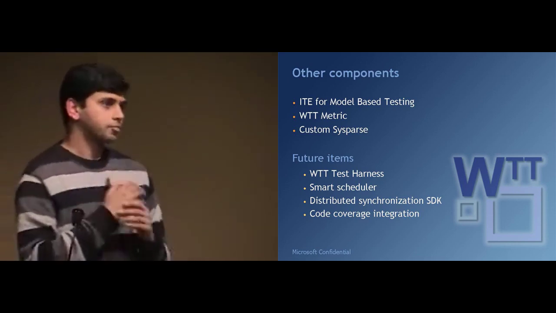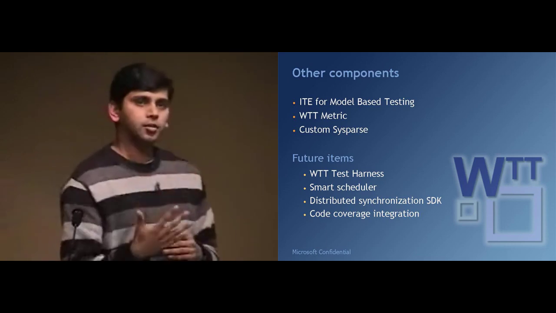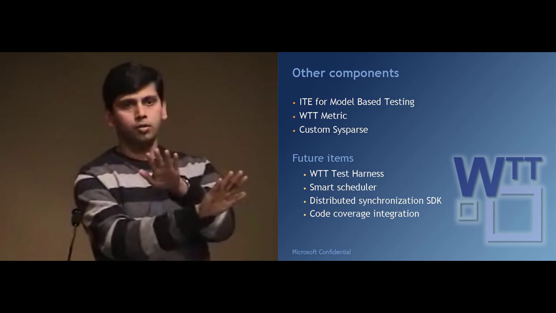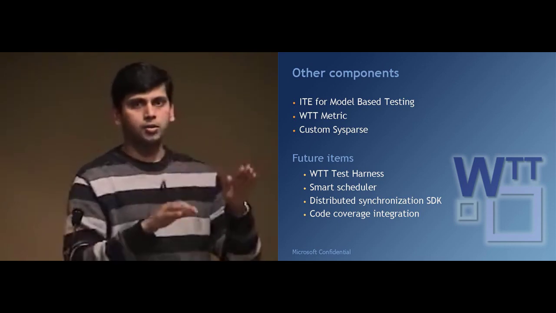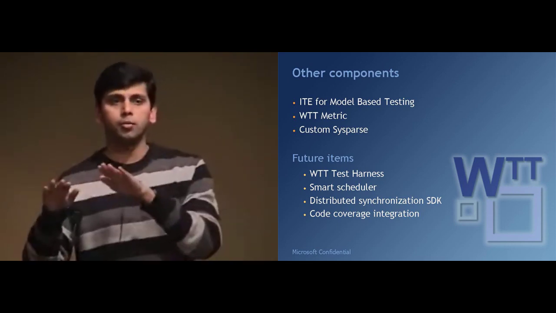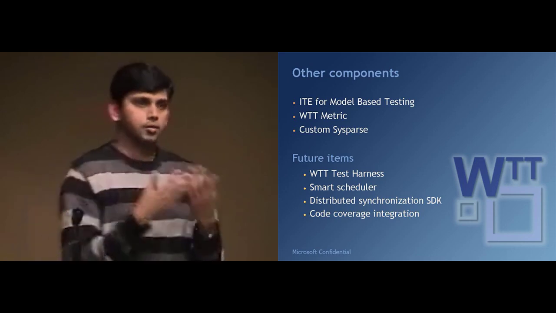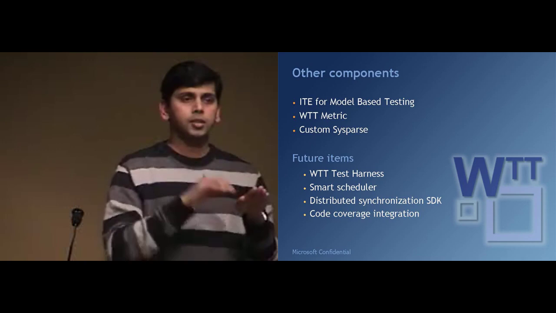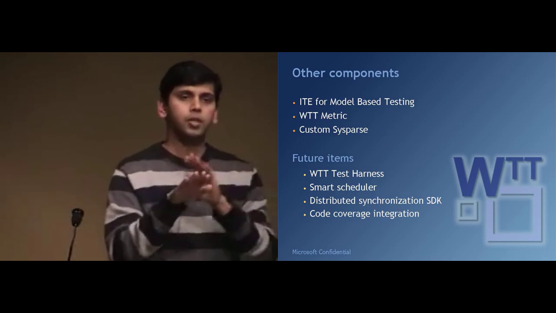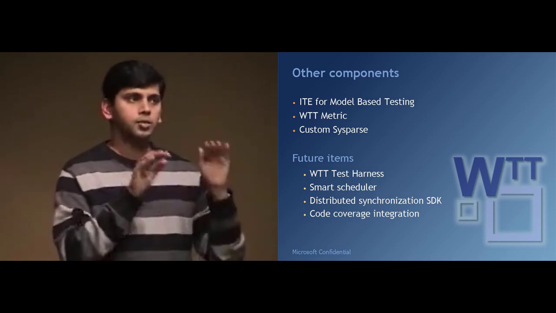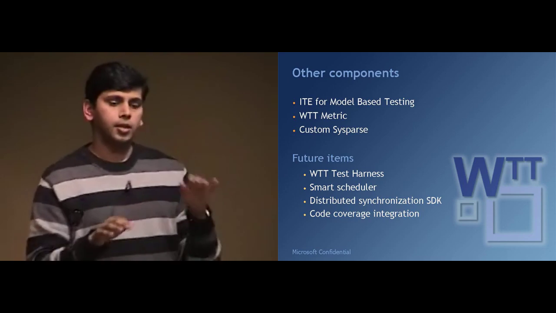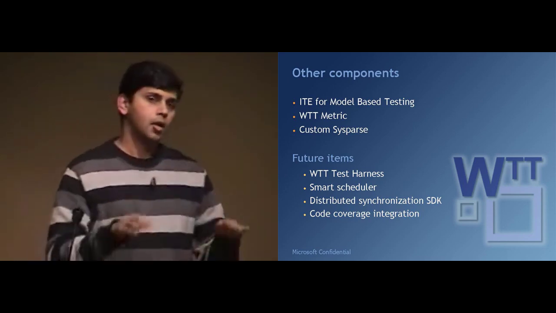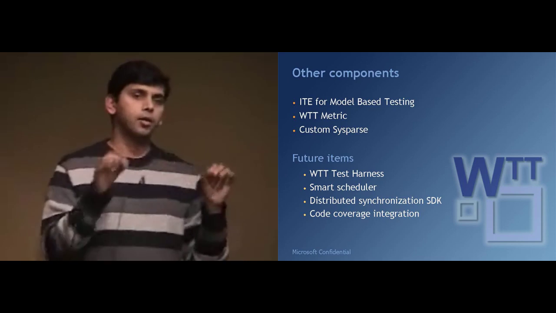Okay. So you define the stages of a machine: the machine is in this stage, then it moved on to this stage. Once you have defined the stages of the machine, then rather than writing the test saying that if it is in this stage and I trigger this event, it will go to that stage, you can just define that, and WTT has model-based testing integrated, which will take care of validating all your assumptions.